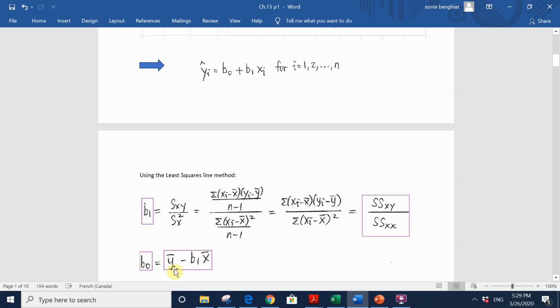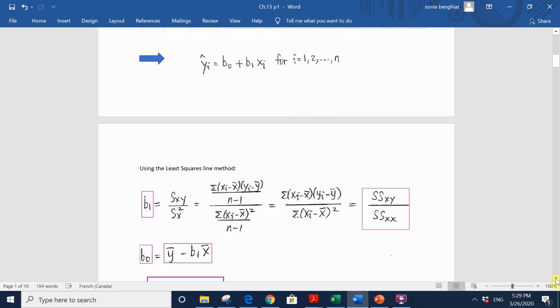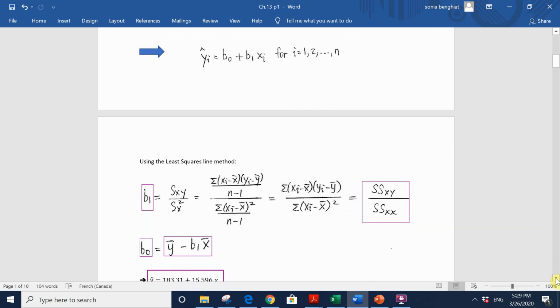So B naught here is equal to y bar, that's the average value of all my y's in my sample. Here I've got 10 values, so I'm going to take an average of these 10 values minus my B1 that I just found right here, times the average value of all my 10 x values, right? Okay, so we implement that.